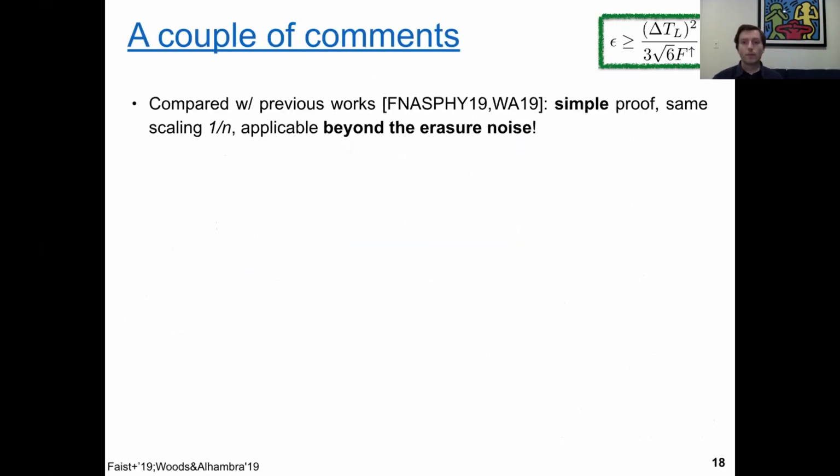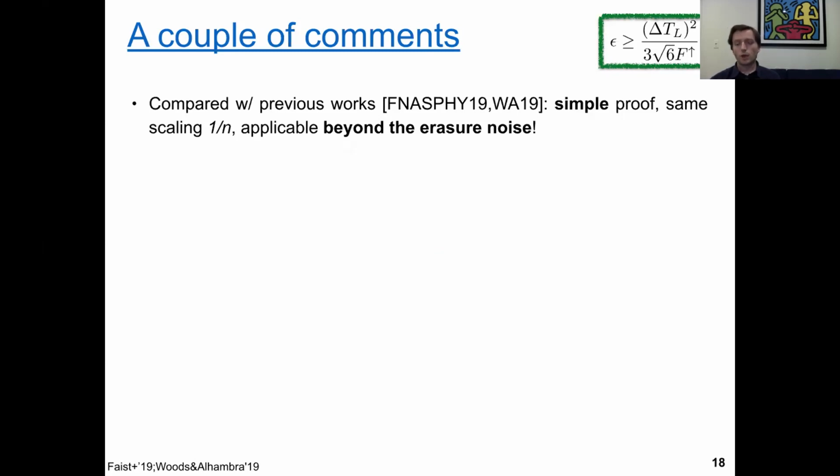So our work, compared with previous work by Faist et al. as well as with Alhambra, has a fairly simple proof. We managed to recover a similar scaling, 1 over n, where n is the number of subsystems, but our methods are applicable also beyond the erasure noise.